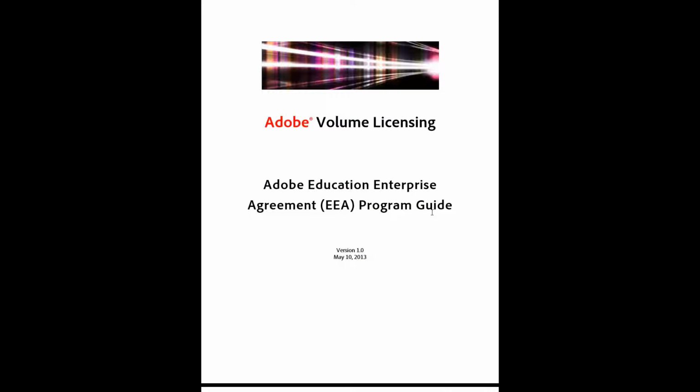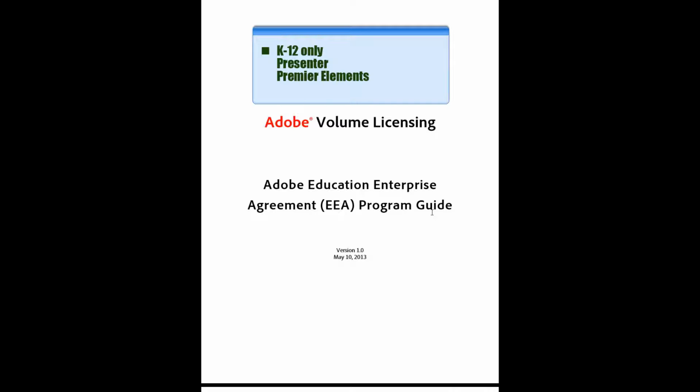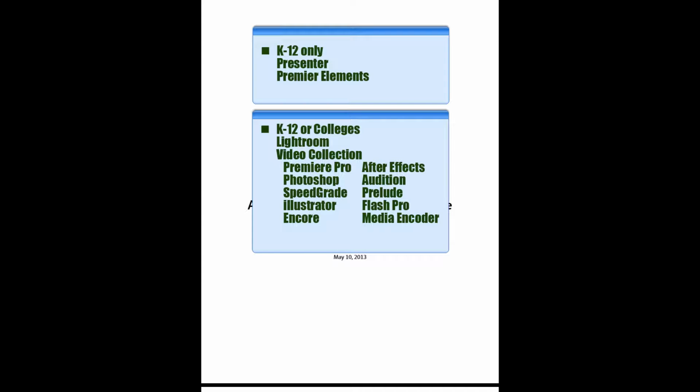You can also add on to that with some optional items. Now, the optional items you don't have to purchase for the entire school or department. You simply purchase as many as you need. There are 4 add-on products. 2 of them, Adobe Premiere Elements and Adobe Presenter, are only available to K through 12 schools. The other 2 are available to both K through 12 or colleges and universities.